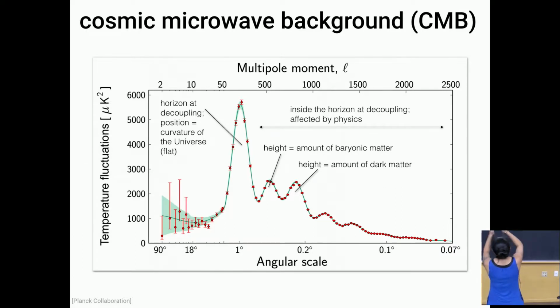The position of the first peak, whether it's at 1 degree or left or right, tells you whether the universe is negatively curved, positively curved, or flat. The height of the second peak tells you the amount of baryonic matter. The height of the third peak tells you the amount of dark matter. And so when people say the universe is this percent baryonic matter and this percent dark matter, it comes from taking the data and fitting it with the model.